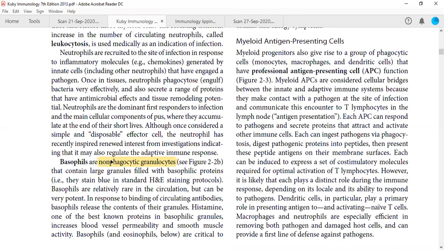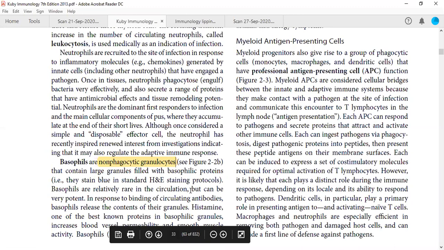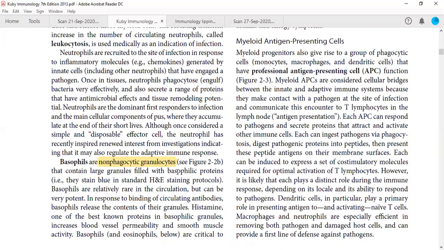But these are non-phagocytic cells or granulocytes. They do have granules in their cytoplasm, but they cannot perform phagocytosis, right? Basophils are relatively rare in circulation. Their number is very low in comparison to neutrophils. Neutrophils are the major cells found among WBCs. 60 to 70% of all WBCs are neutrophils, but basophils are hardly 1%, less than 1% in fact.